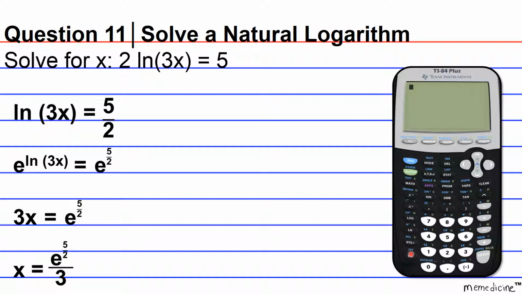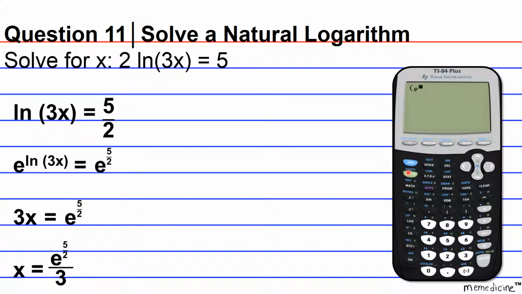You basically turn the calculator on by pressing the on button, and then you're going to open up a set of parentheses because we're going to enclose our entire numerator in parentheses. Then you hit second ln, and that's going to give you the natural base e, or Euler's number, as a base.